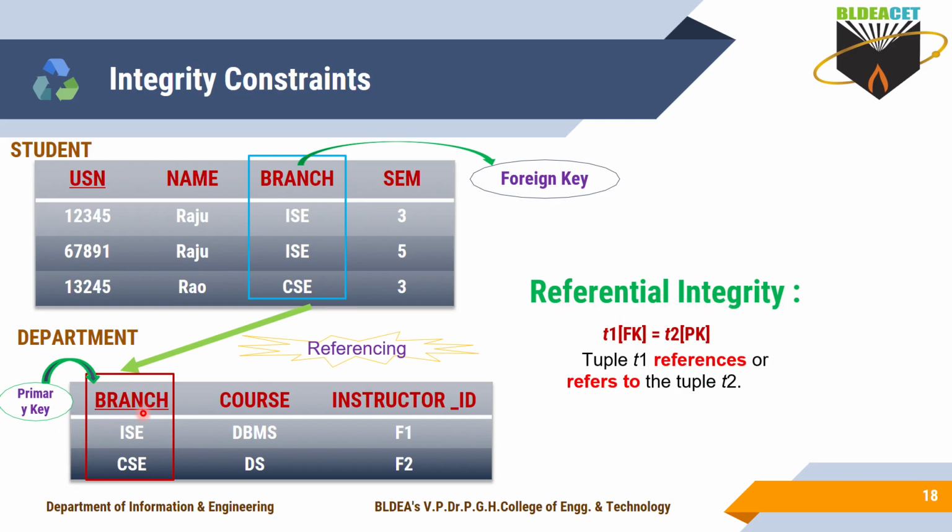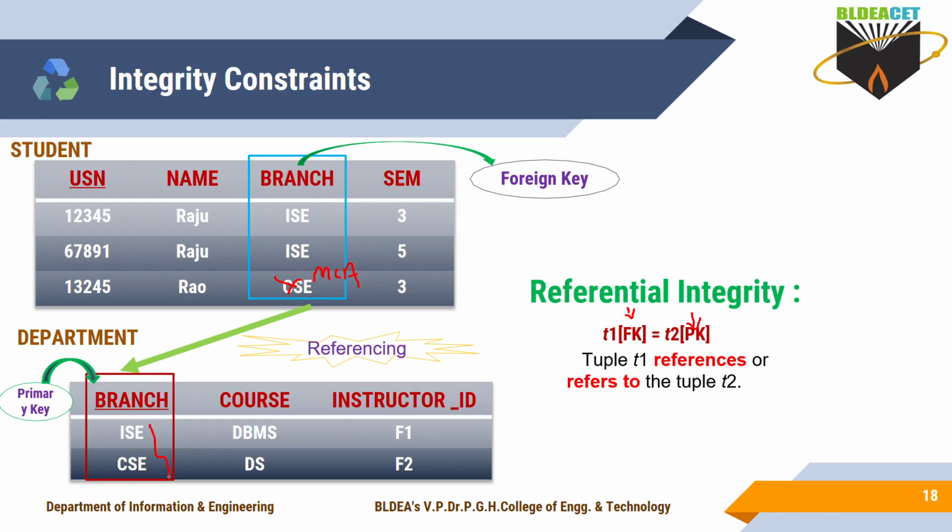In simple terms, whatever values are assigned for the primary key, only those values you can take as values for the foreign key. For example, if I enter the foreign key value as MCA, does this condition hold? No. For the primary key, is it available?